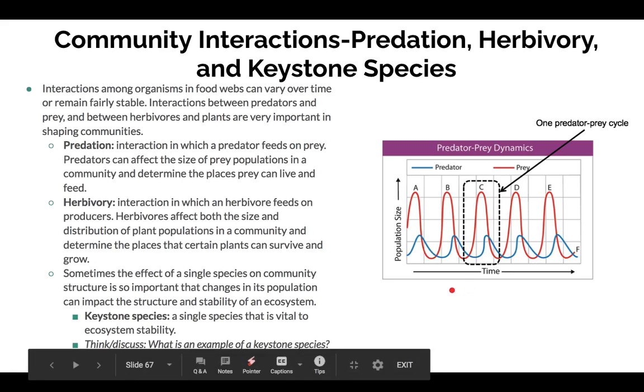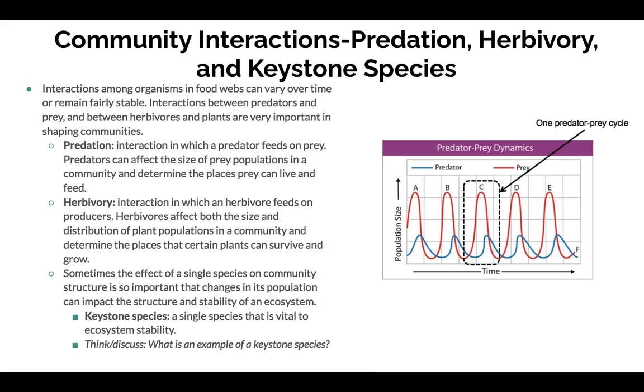So our next community interactions are predation, herbivory, and a keystone species. Among organisms in food webs, those interchangeable relationships can vary over time. Interactions between predators, prey, and between herbivores and plants are very important in shaping communities.